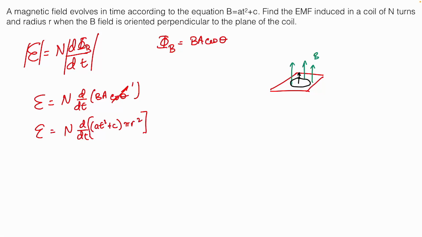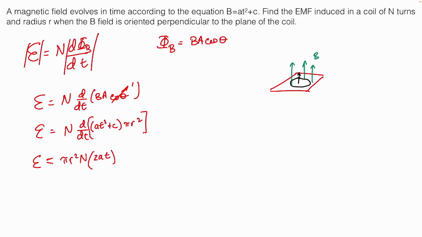Pi R squared, because it's not changing in time. That's pi R squared N. And then what's the derivative of A t squared plus C? 2At, plus nothing.